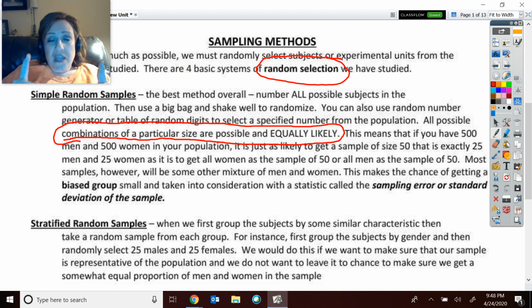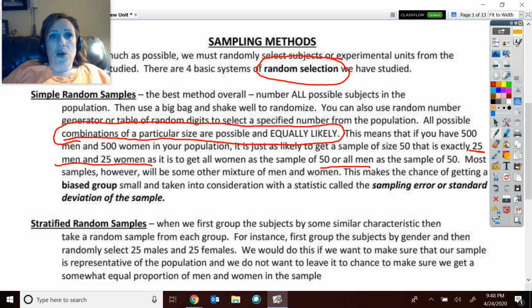But think about it, every single combination is equally likely, meaning it is the same likelihood to get exactly 25 men and 25 women as it would be to get that sample of all 50 men or all 50 women.